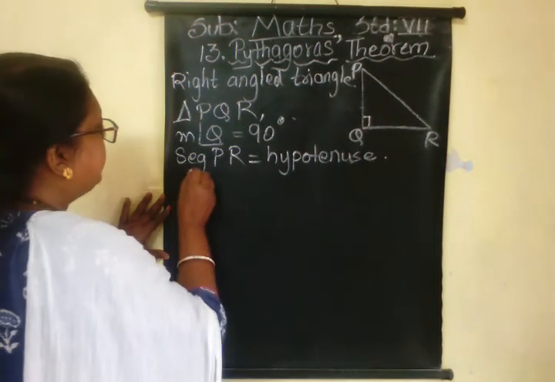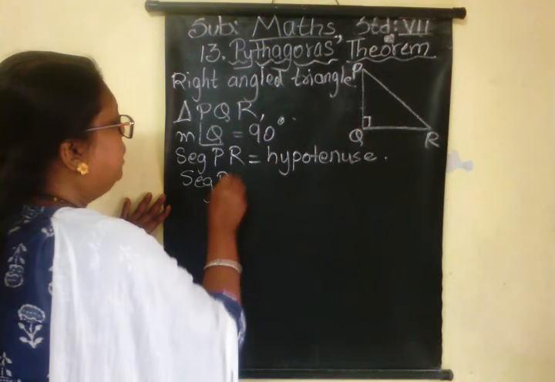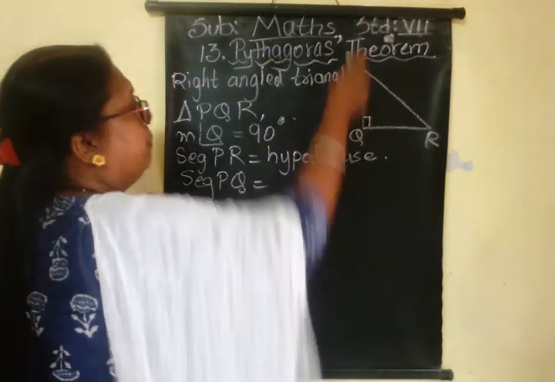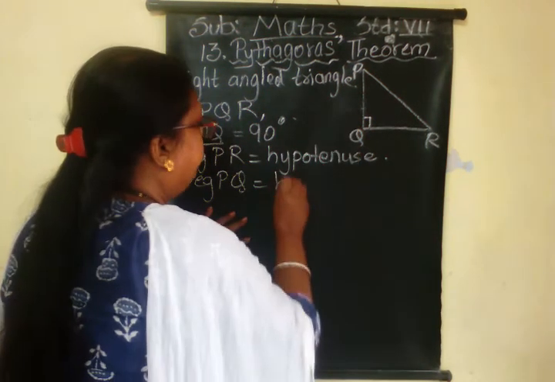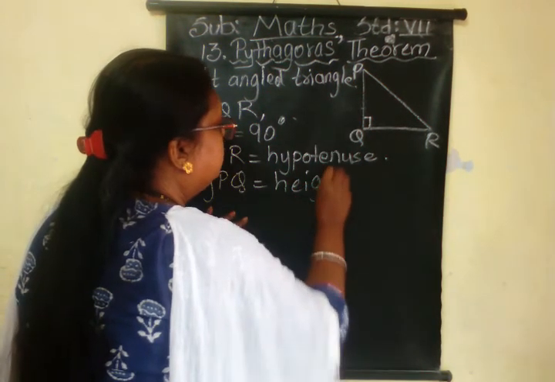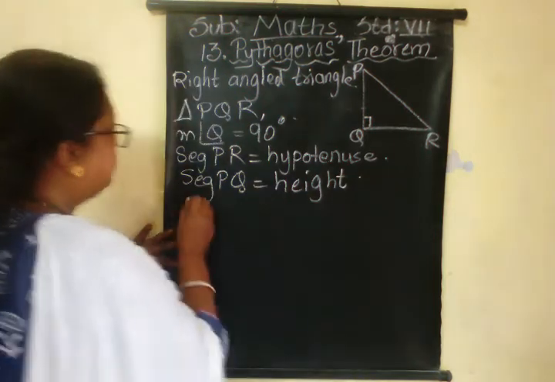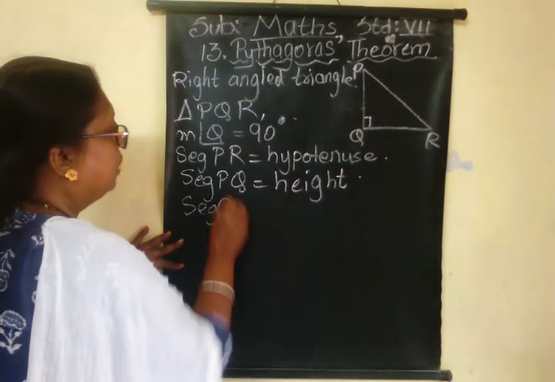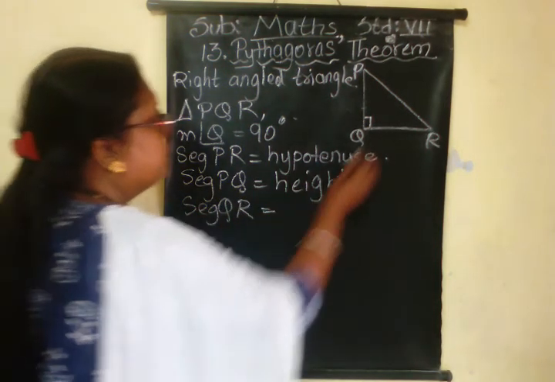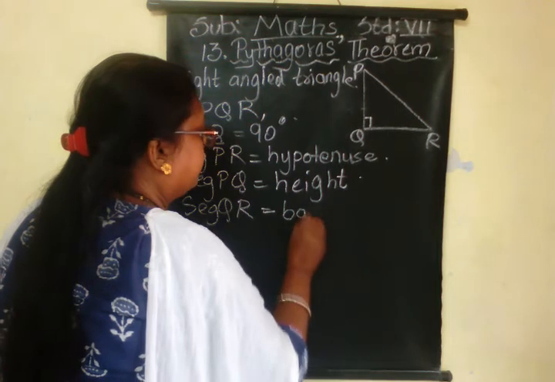Then segment PQ becomes the height of the triangle, and segment QR becomes the base of the triangle.